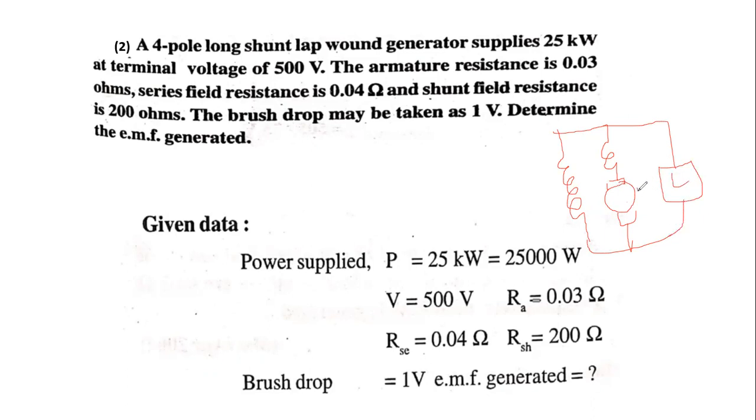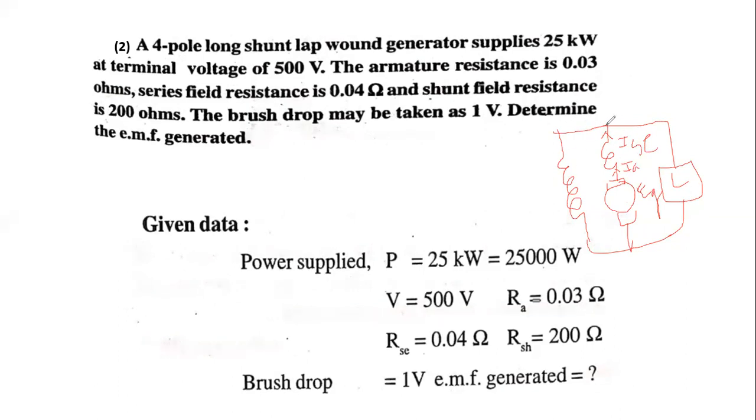This is the armature. In that armature, we are producing the EG value according to Faraday's laws. When EG is developed, automatically the armature current IA is produced. This IA flows through the series field winding, and this current is considered as ISC, the series current.